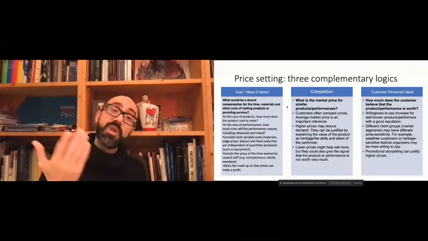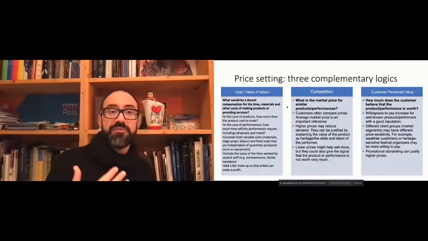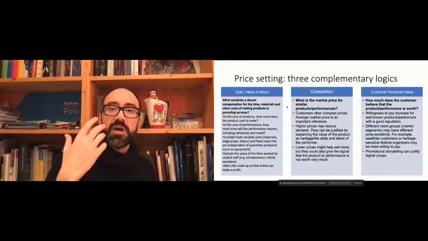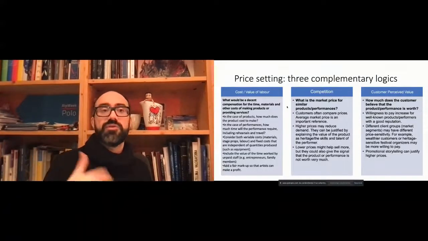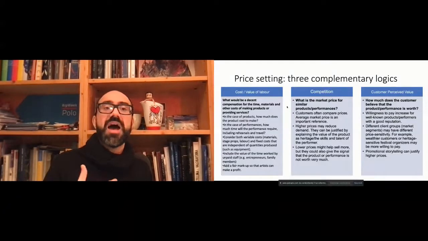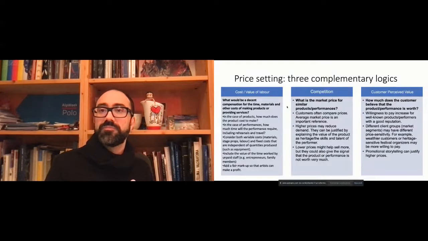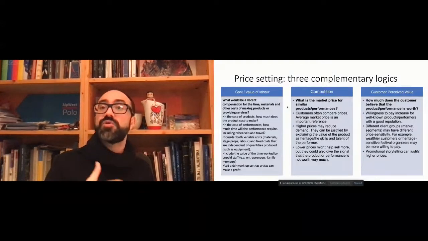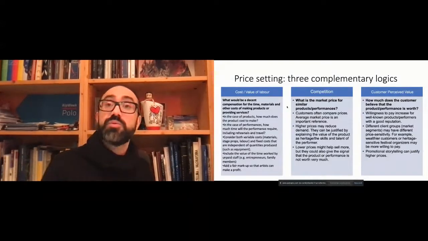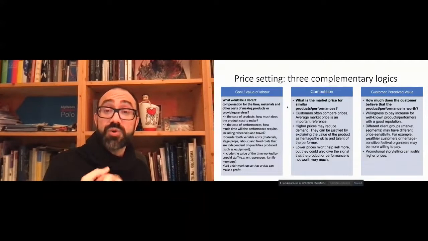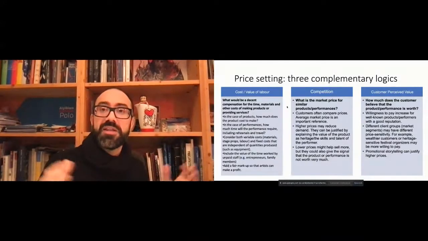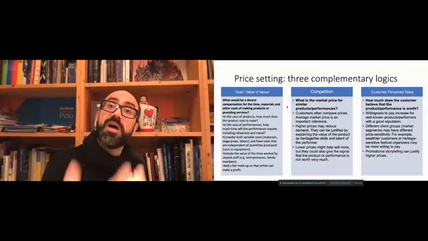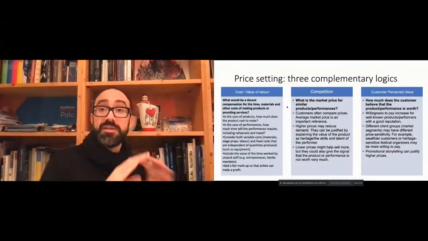And so, to set the price of an object, you can adopt three different logics. The first logic is how much did it cost me? Here you have to consider the cost of the components, the ingredients, the elements, so everything that you buy to make the product, and this is a part.